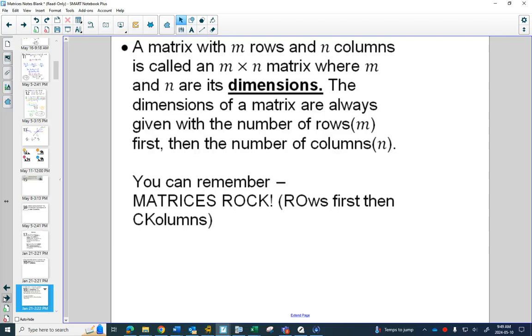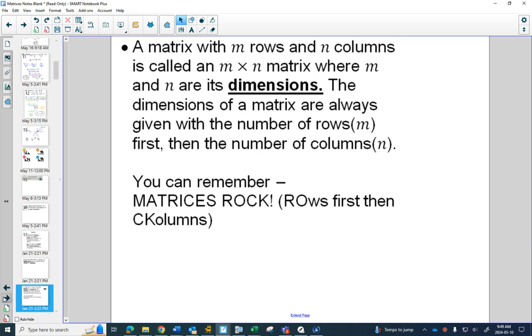The dimensions of a matrix are always how many rows by how many columns. And this is the way that I remember it. I say matrices rock. Rows first, then columns.